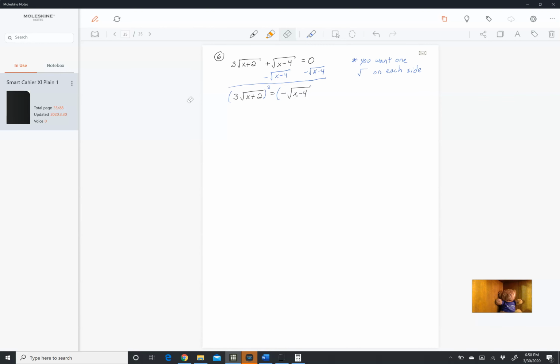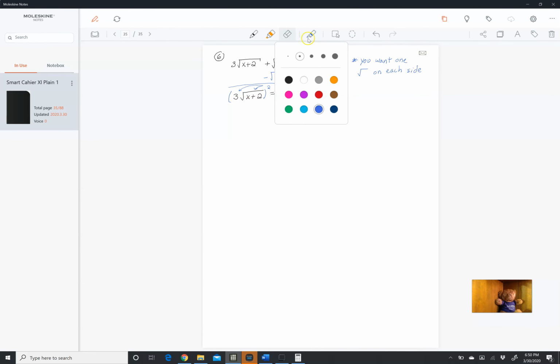And it's okay, because we can distribute the square. We can distribute it to the 3, and then we distribute it to the square root. Okay, so here we can distribute the square because between the 3 and the radical, there is no plus sign, it's multiplication. We can distribute a square when it's multiplication.